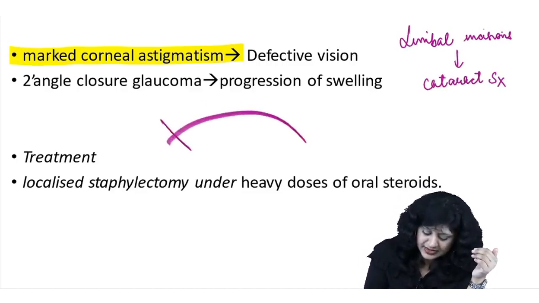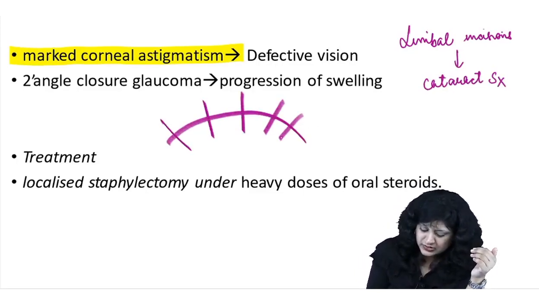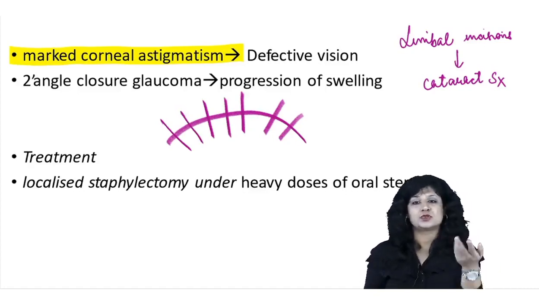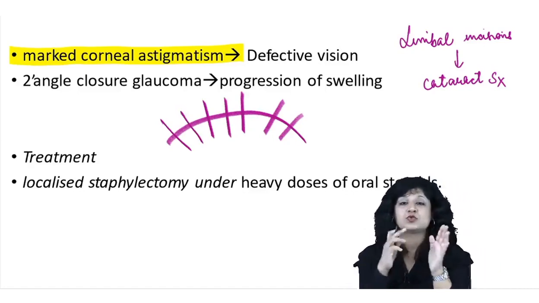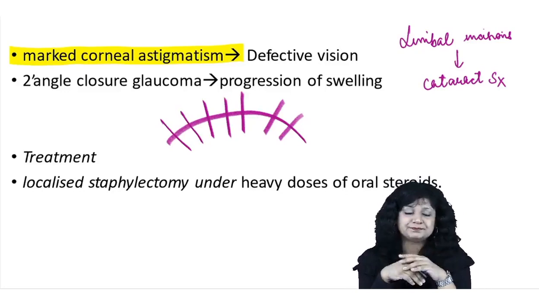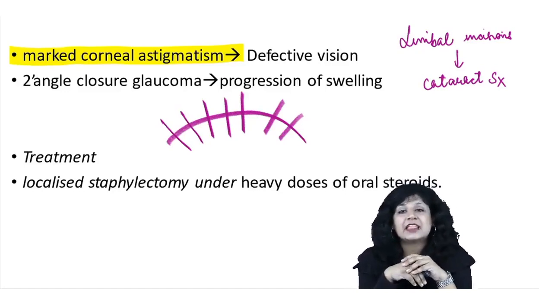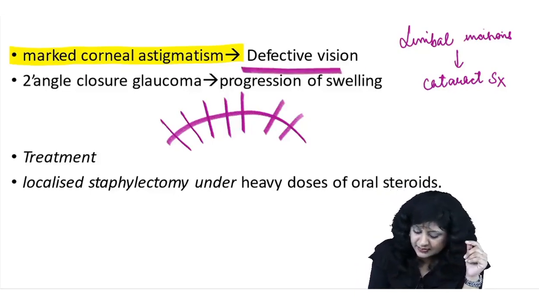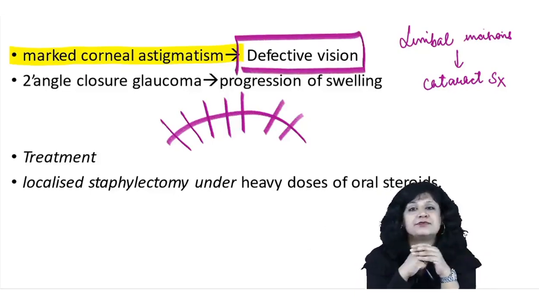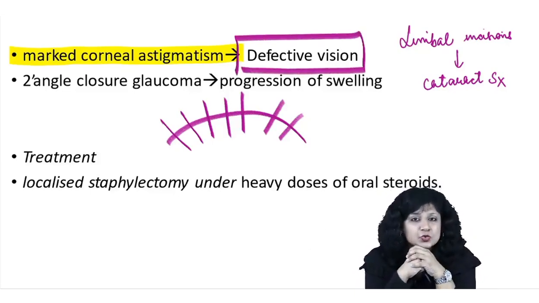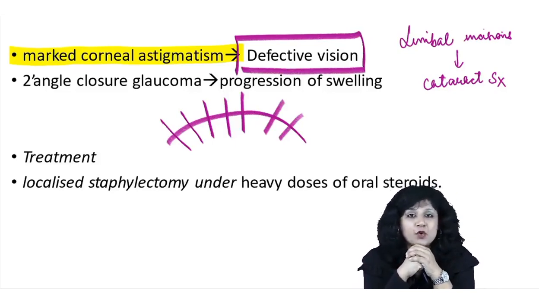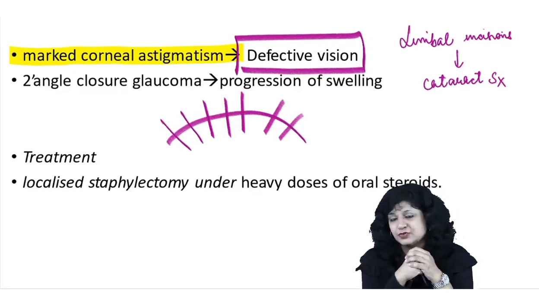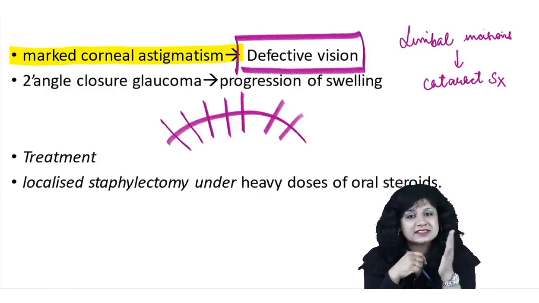We put interrupted radial sutures, 5 or 6 sutures or maybe more, according to the size of the incision. That can lead to astigmatism, and obviously astigmatism will lead to defective vision. So I can ask you which kind of staphyloma can cause astigmatism? It is your intercalary staphyloma.